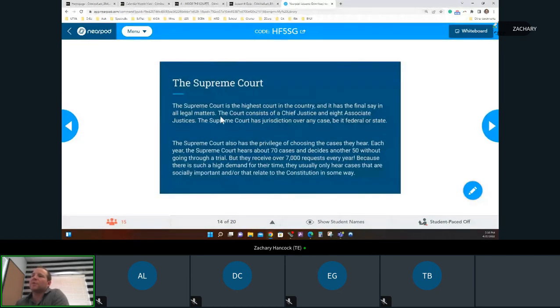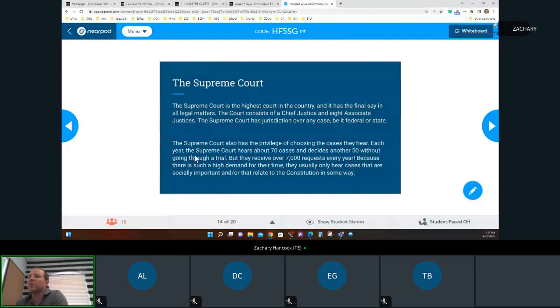Okay, the Supreme Court. The Supreme Court is the highest court in the country, and it has the final say in all legal matters. The court consists of the Chief Justice and 8 associate justices. The Supreme Court has jurisdiction over any case, be it federal or state. The Supreme Court also has the privilege of choosing the cases they hear.